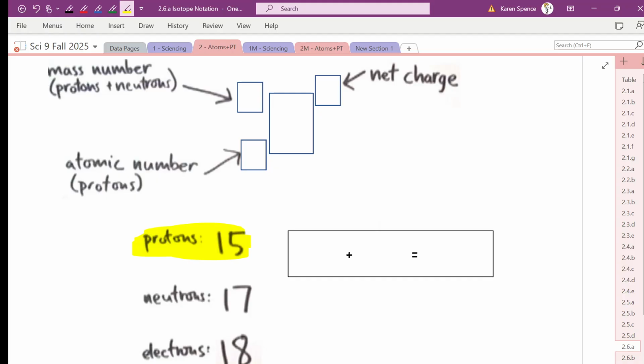If it has 18 electrons, is that stable? It has 18 electrons, but normally it has the same amount as the protons. Because that's an ion.